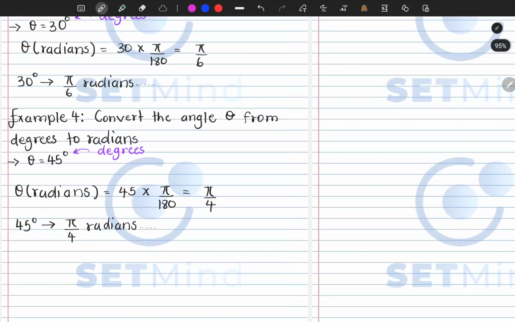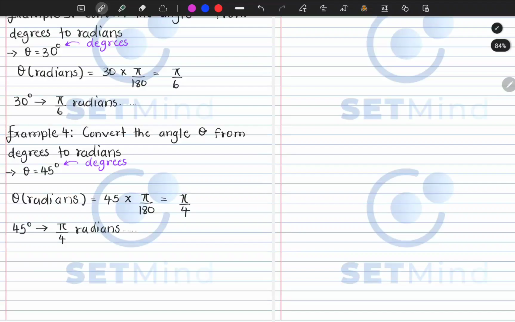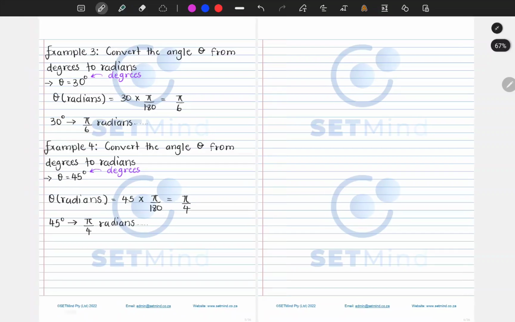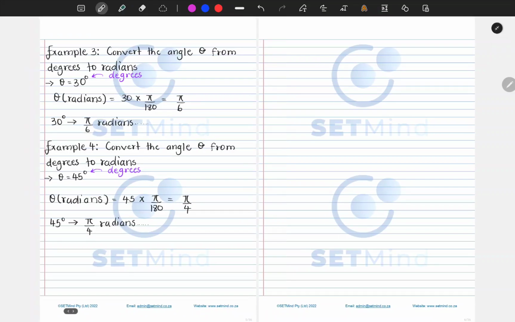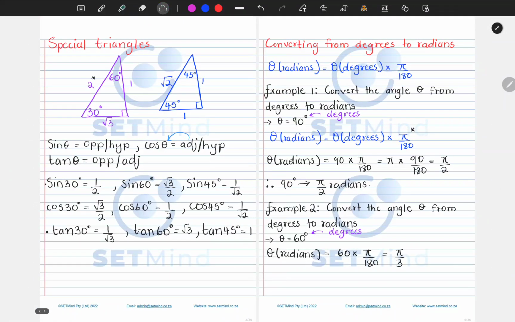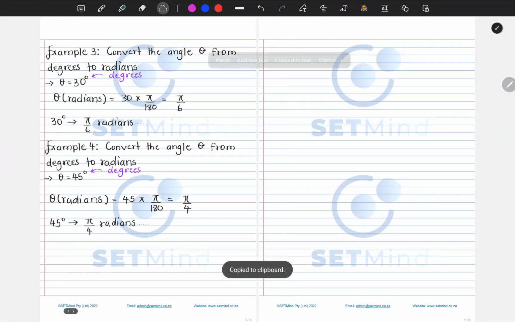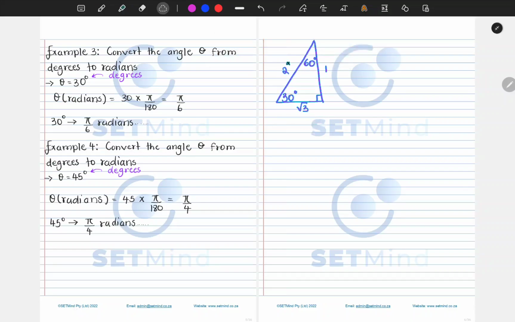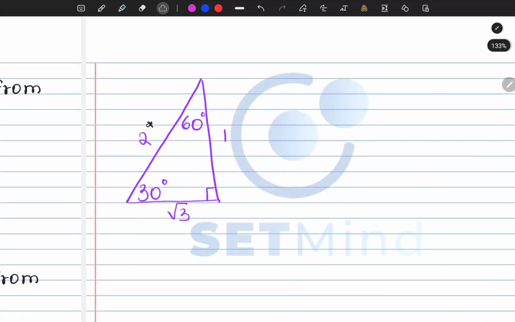And some of you might have seen that your calculator has a rad function. So that rad stands for radians. So what we are now going to do is quickly look at our special triangles which we drew earlier, and see with our knowledge now how we can transform them from degrees to radians.